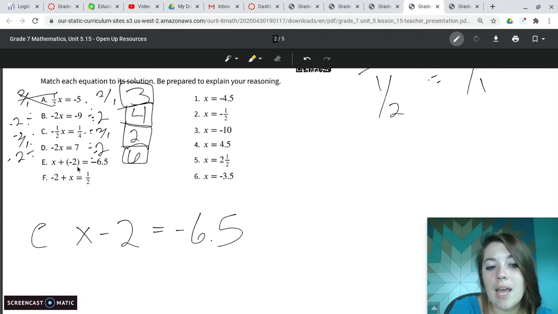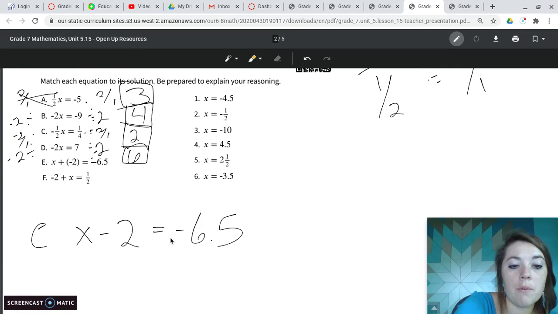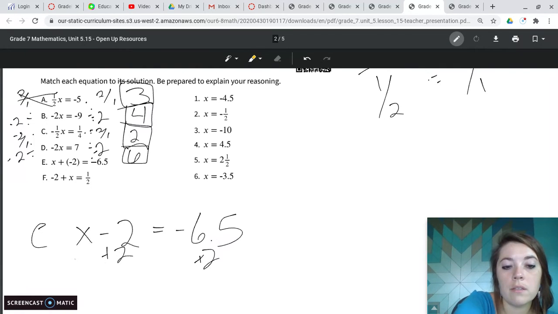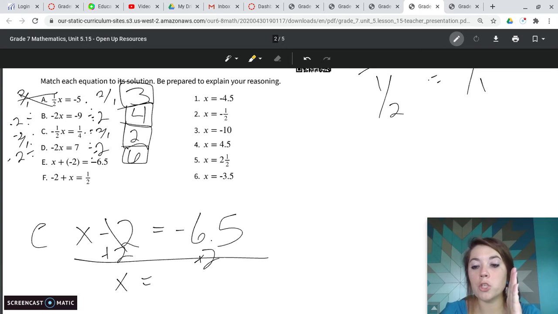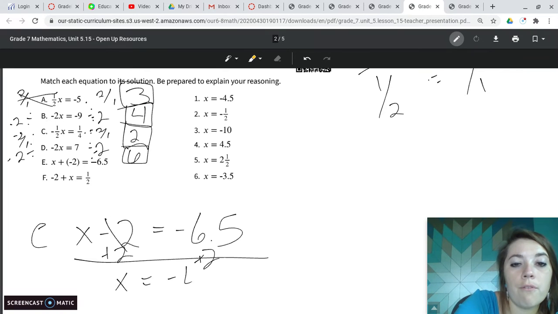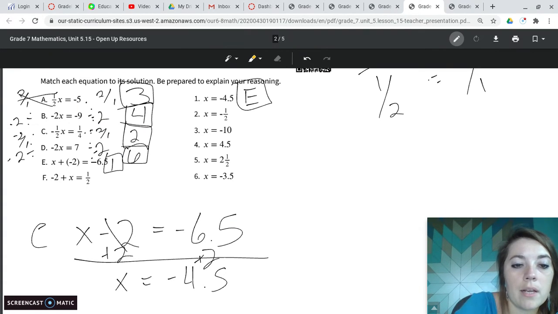Anytime we're adding a negative number, we can rewrite it as x minus that number. That makes it easier to think about doing the opposite. The opposite of subtraction is addition, so we'd add 2 to both sides. We end up with x equals -6.5 plus 2. We're at -6.5, but now we're going 2 closer to the positive side, so we end up with -4.5. That would be for 1. So E is 1. Just squeeze that 1 in right next to it.